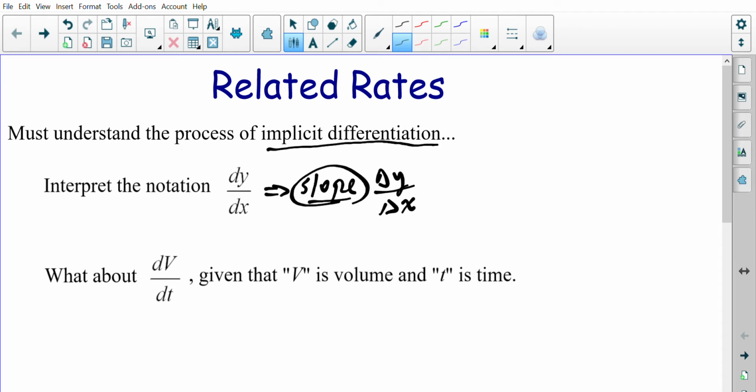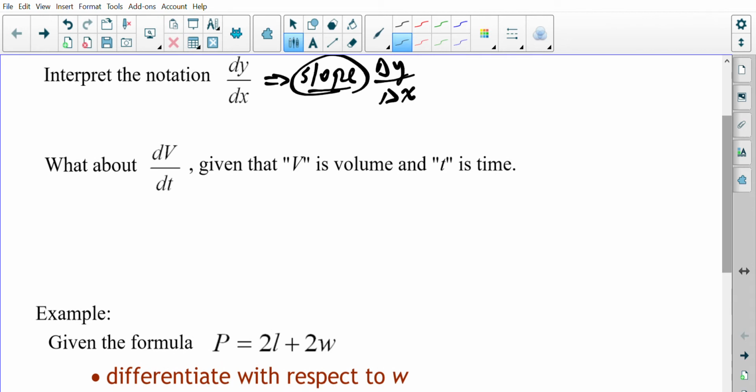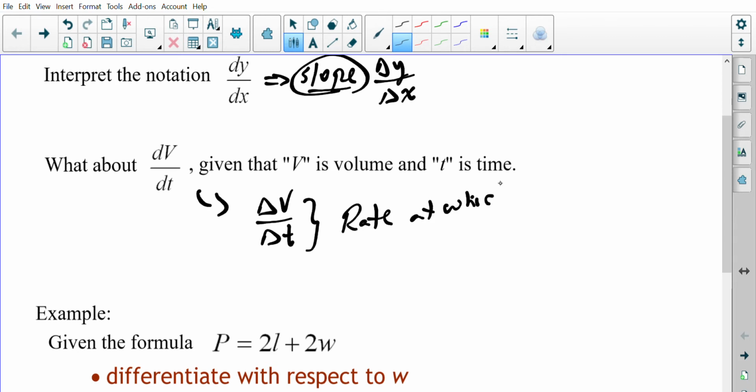Well, we're just going to extend that understanding to some other quantities. So for example, if I had dV over dt, given that V is volume and t is time, then this would be interpreted to mean the change in volume divided by the change in time, which is interpreted as the rate at which the volume is changing.